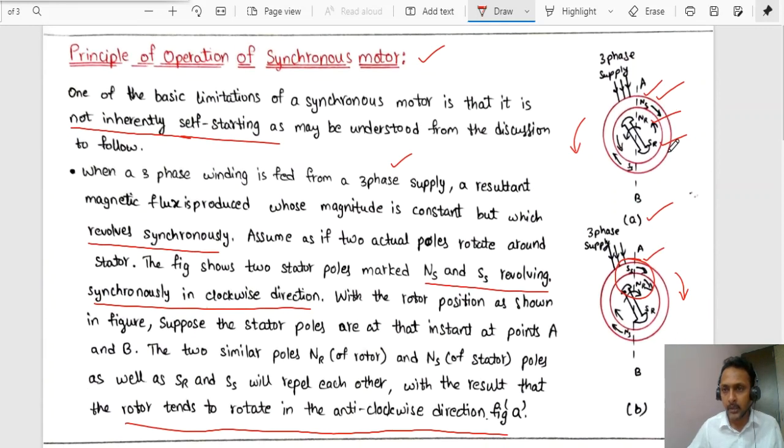If you remember these diagrams, it will be very easy for you to write the theory. Just one time, what you do is, you take the north pole of stator and north pole of rotor at the same position, and assume the direction of NS is clockwise, and both will attract each other, and it is going to experience a torque, and represent the torque in the anti-clockwise direction, right?